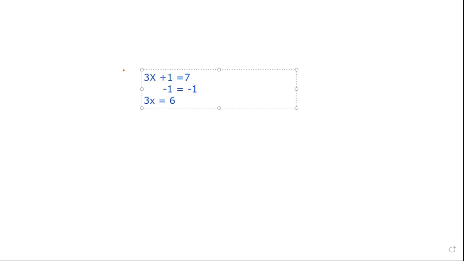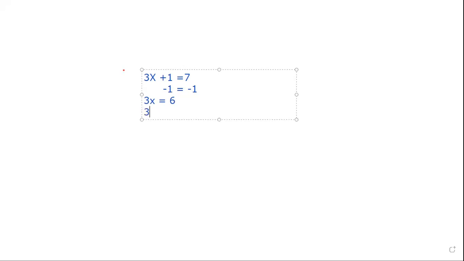Now, 3x, what is the operation? 3x, it's multiplication, right? 3 times x. So we have to answer by using the undo operation, which is division.